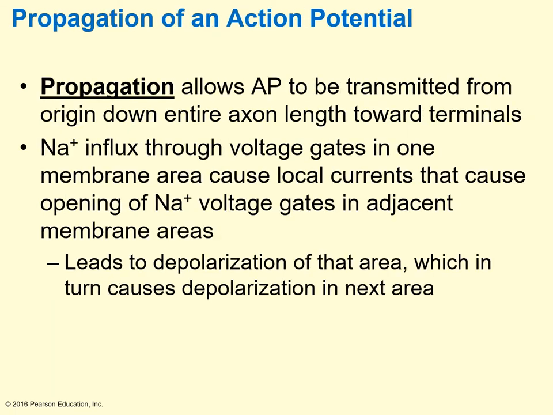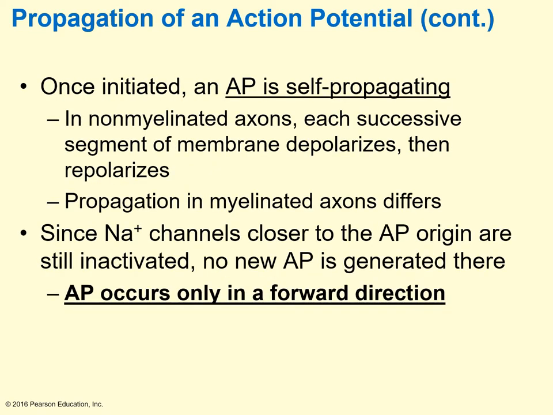If not, nothing happens. Propagation just refers to that action potential as it moves or is transmitted. It's just moving down the entire axon all the way towards the end. So once you start it, it's self-propagating. Now it will move only in a forward direction.